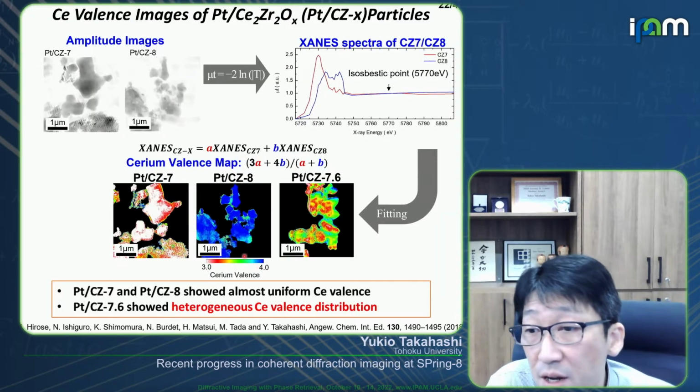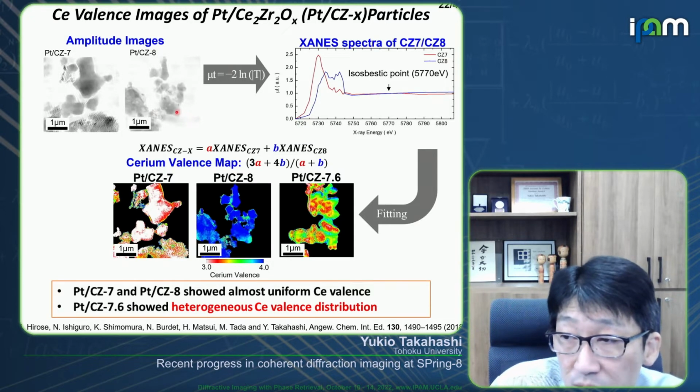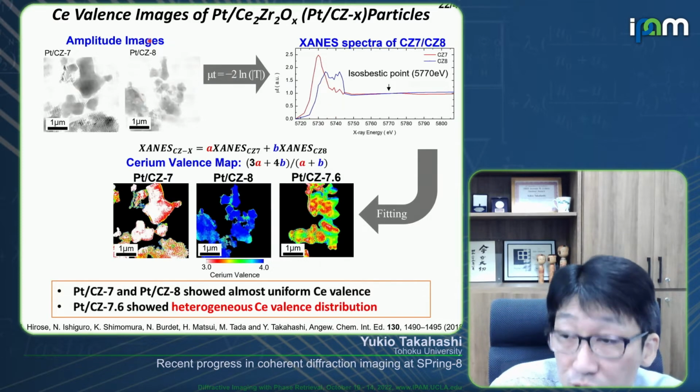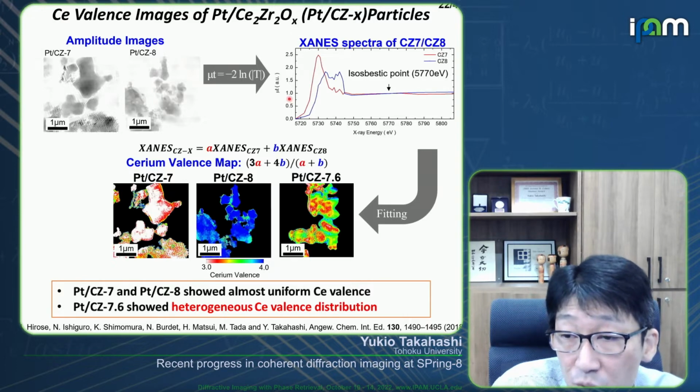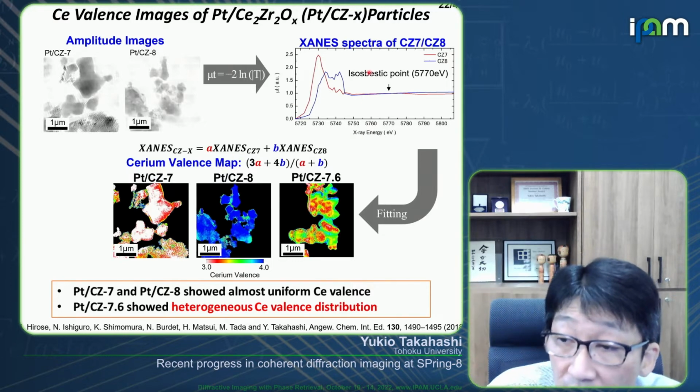So next, we visualize the cerium valence of the CZ particles. As a procedure, first we derive the XANES spectra of CZ7 and CZ8 from the amplitude images. Then the spectra of CZ particles can be approximately expressed by a linear combination of the normalized XANES spectra of CZ7 and 8.